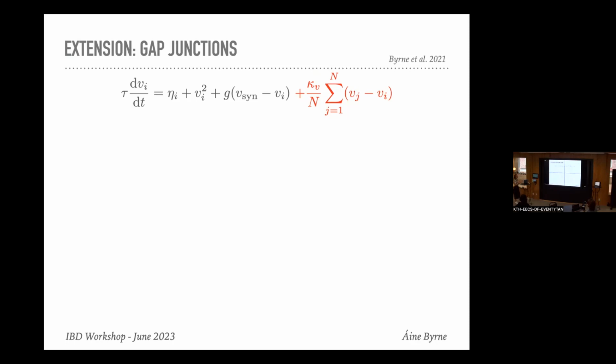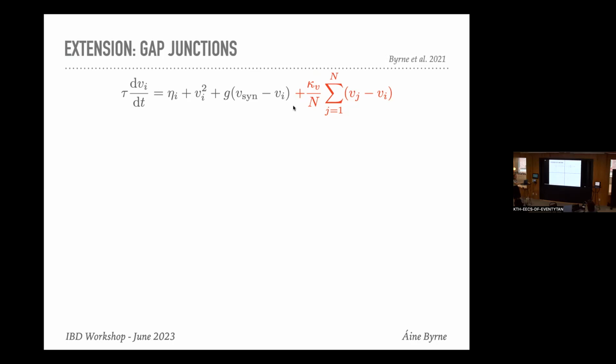So for example, we looked at including gap junctions in the model. In a realistic way, if two neurons are gap junction connected, they're exchanging voltage. If one is high and one is low, the current is going to go to the one that's low and increase its voltage, and then decrease the voltage of the high one.